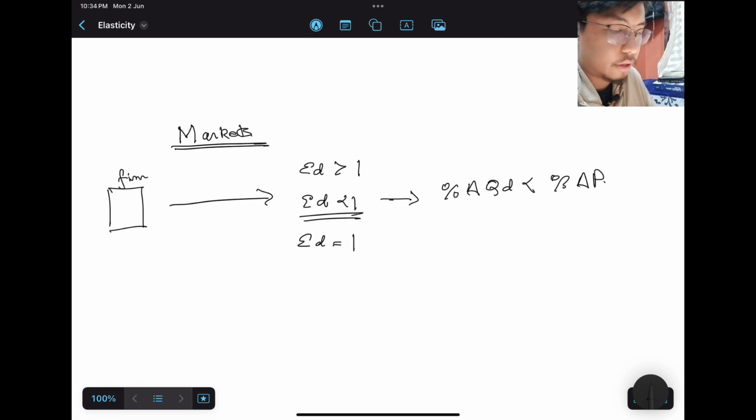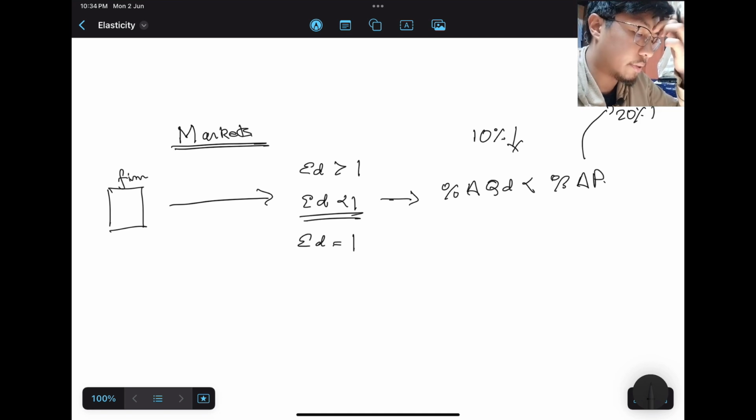So let's say a 20% increase in prices is triggering a 10% drop in quantity demanded. So what I as a producer will do is simply increase the prices, and that will increase my overall profits.